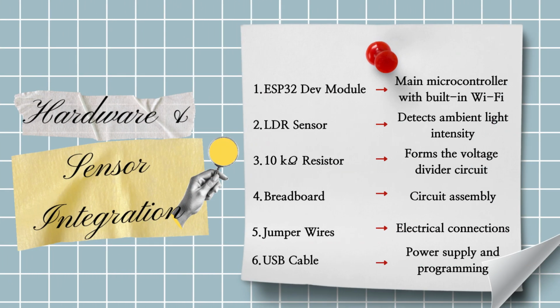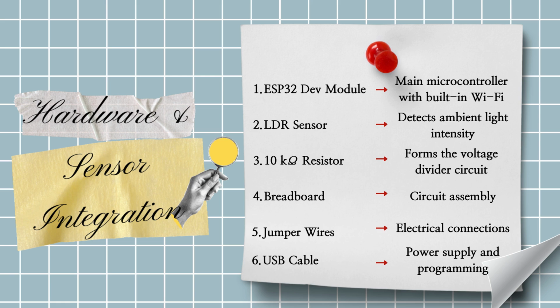Now, I will explain the hardware used in our project. First, we use the ESP32 development module as the main controller. It processes the data and sends it to ThingSpeak using Wi-Fi. Second, the LDR sensor detects the surrounding light intensity. Next, the 10 kilo ohm resistor works together with the LDR to create a voltage divider so the ESP32 can read the sensor value.